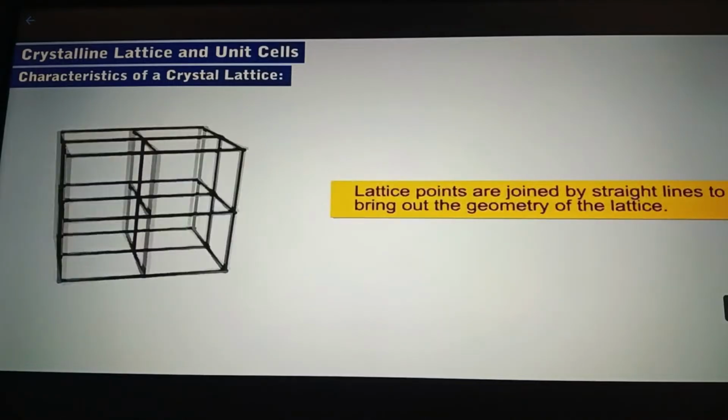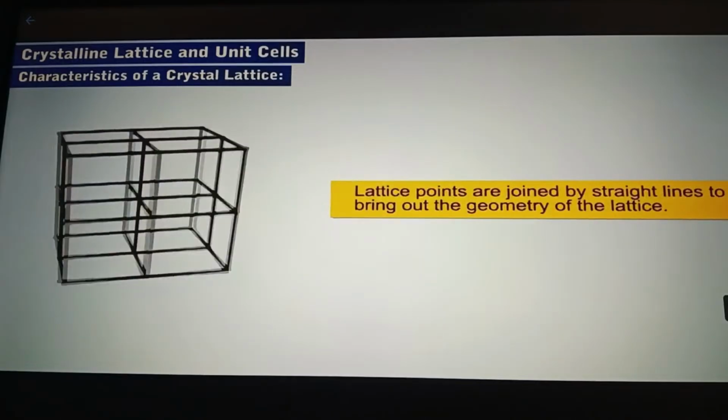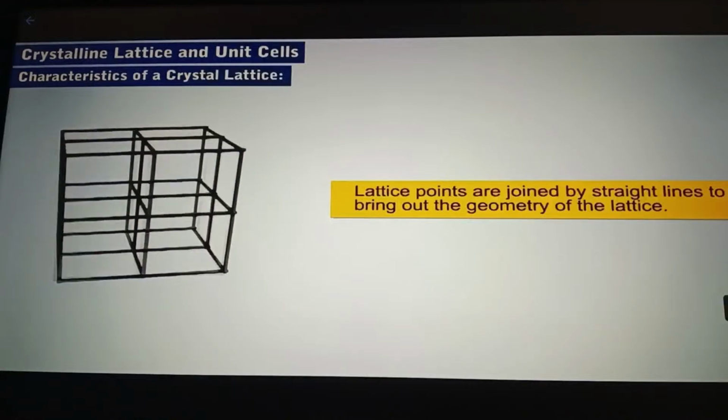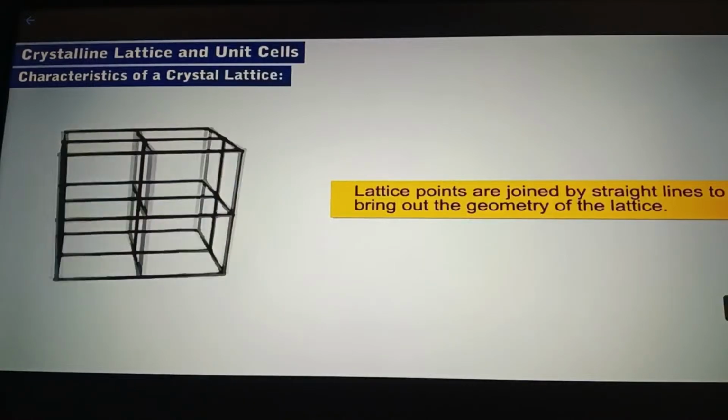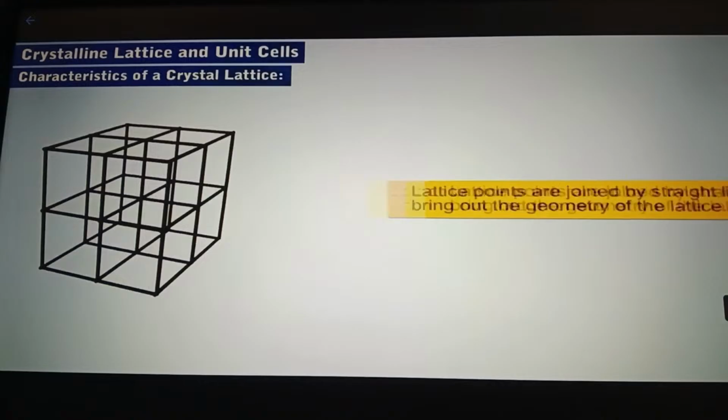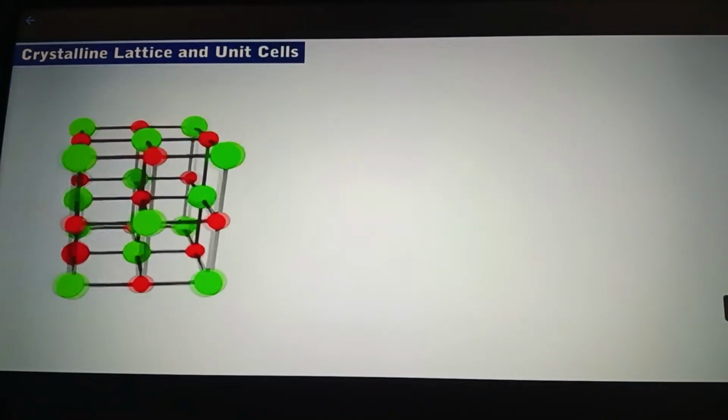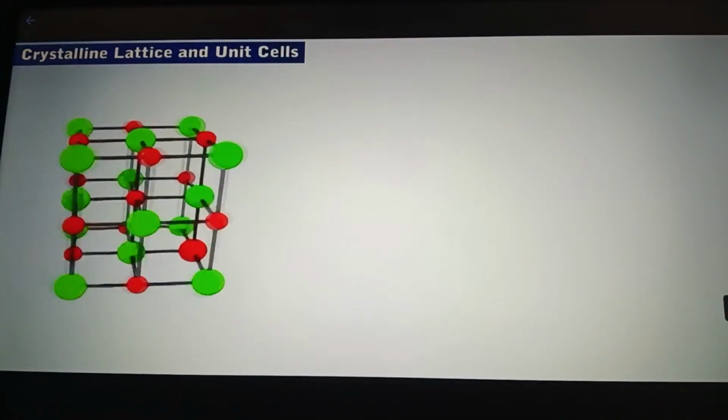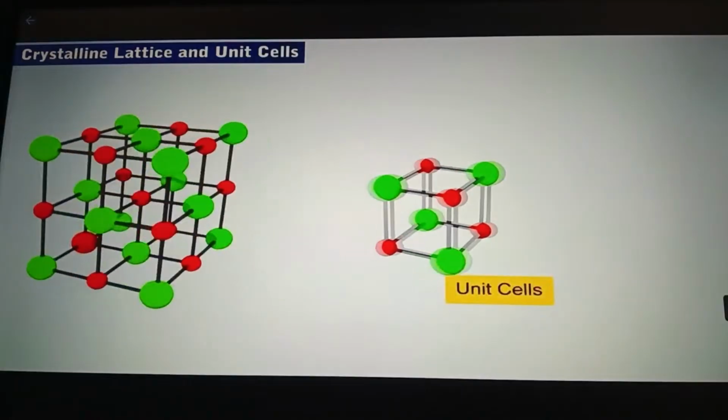Lattice points are joined by straight lines to bring out the geometry of the lattice. A crystal lattice can be subdivided into several cells, known as unit cells.